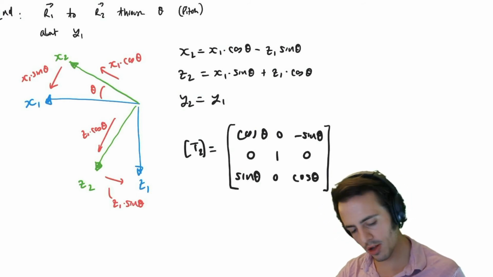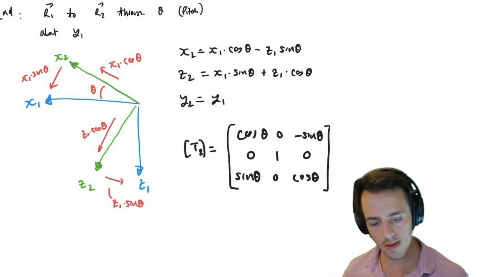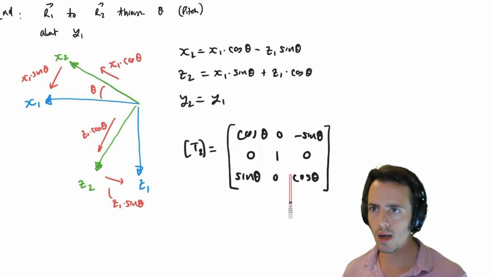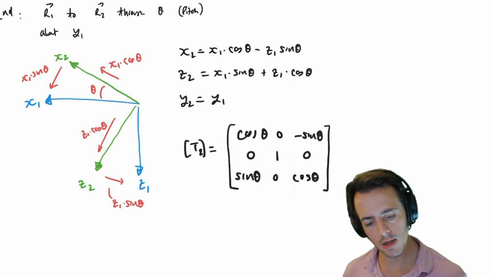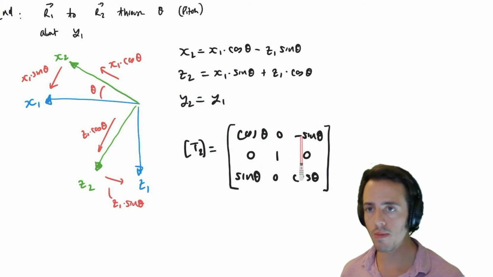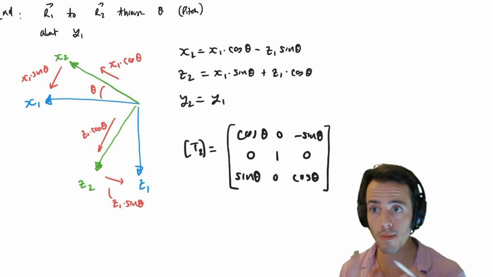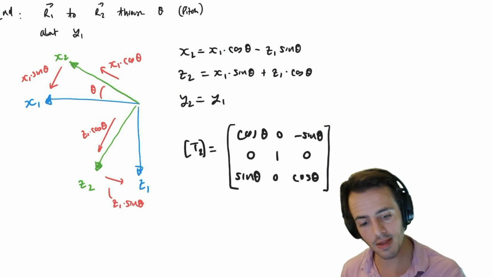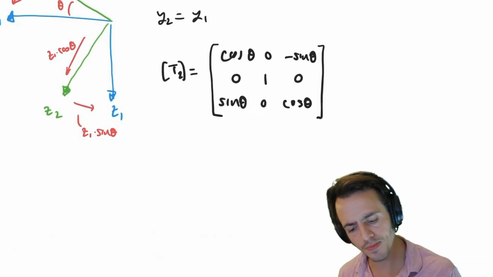Okay, and we'll just do a quick check this makes sense. Well, I've got cosines in my diagonal, cosines or 1s in my diagonal. I've got 2 other sine terms and only one of them is negative. So that's a matrix that makes sense in accordance with the rules that we set up a moment ago.